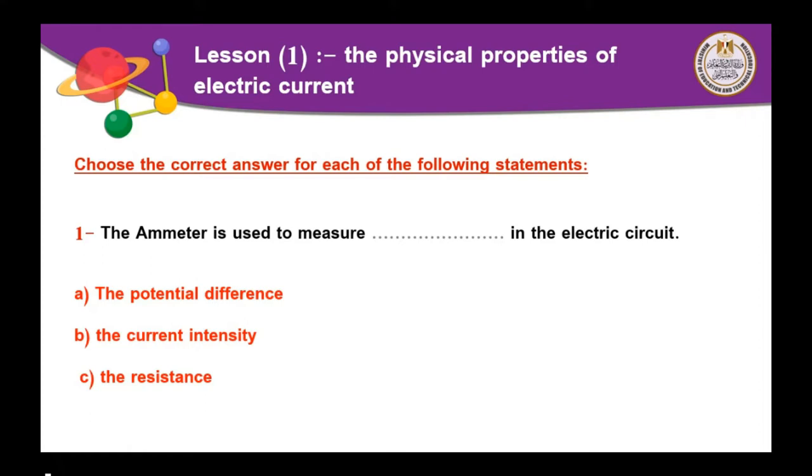What is the function of the ammeter in the electric circuit? It has only one function. It is used to measure what? Electric current intensity, or potential difference, or resistance. Yes, it is used to measure electric current intensity.